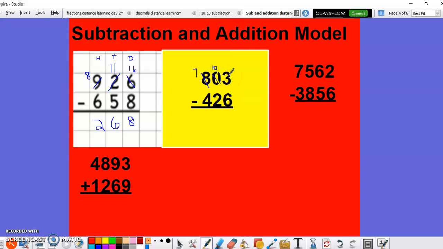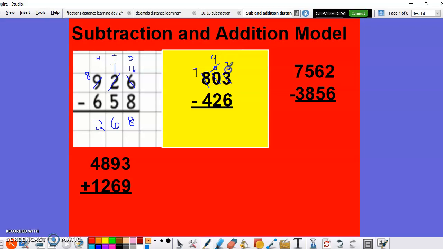And I'm still not finished because I still didn't regroup. I haven't brought anything over here to my ones place. So I'm going to regroup this again. This 10 now becomes a 9. So now I have 10 to bring over here, and this 3 becomes a 13.